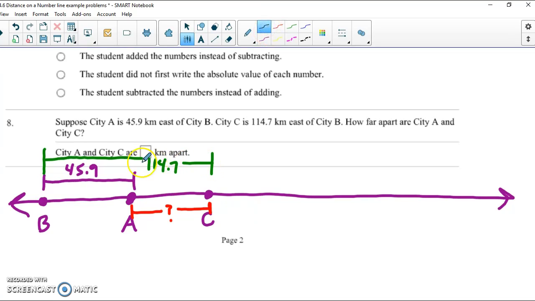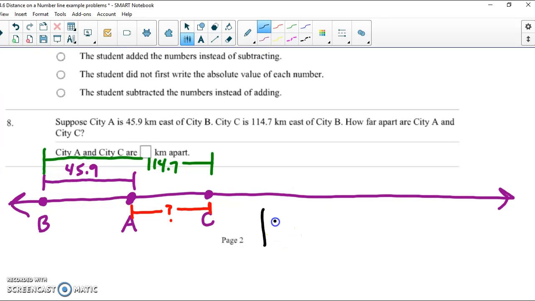So let's think about what we know. We know the overall distance, and so this is like our whole, and this is one of our parts that we know, and we're trying to find this other missing part. So if I take the absolute value of the difference between these two, my whole minus my part, then I can find my other missing part.